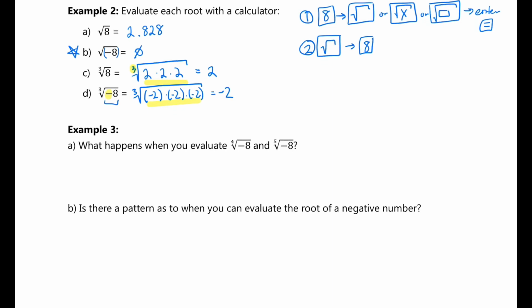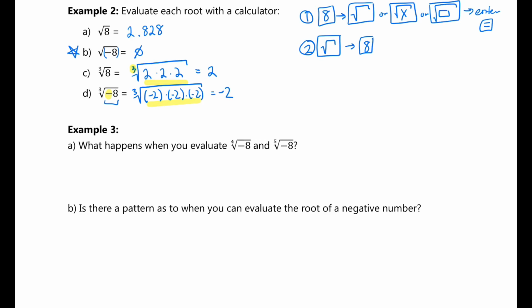Example 3. What happens when you evaluate the 4th root of -8 and the 5th root of -8? A negative number within the radical is really tricky.